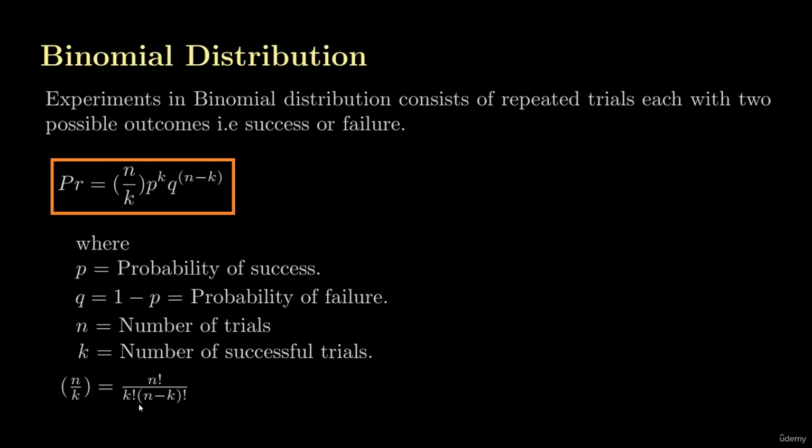And this is the way of finding the combination of n and k, and the equation is n factorial over k factorial times the factorial of the difference of these two, that is n minus k. So this is the equation which we will use to calculate the probability of the events if our experiments fall in the category of binomial distribution.